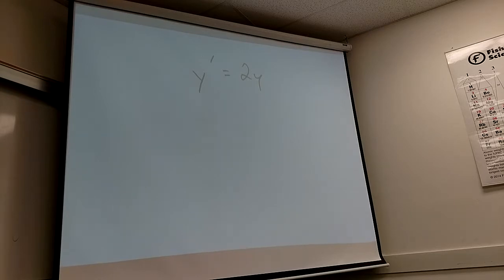What is y prime in general? It's a derivative, which is also, geometrically, the slope of the function's graph, right? So this is saying that the slope of the function's graph everywhere is twice the y value of the function. That's kind of interesting, right? That's a way to interpret this equation.